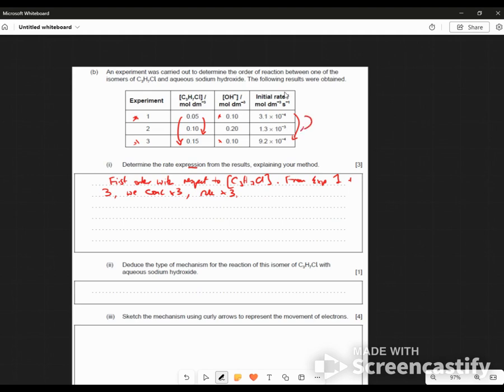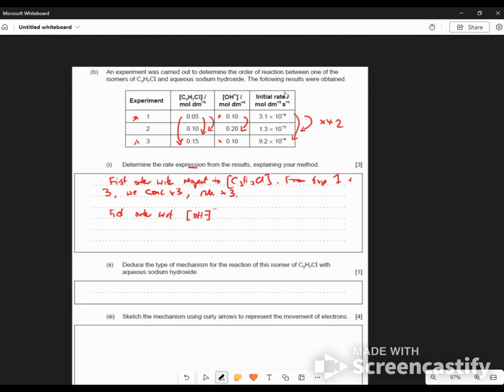Going from there to there is an increase by a factor of 4.2, about that. This is times 2. This we already know we're timesing it by 2. It's first order, so that's times 2. So it must also be first order with respect to the OH minus ion.